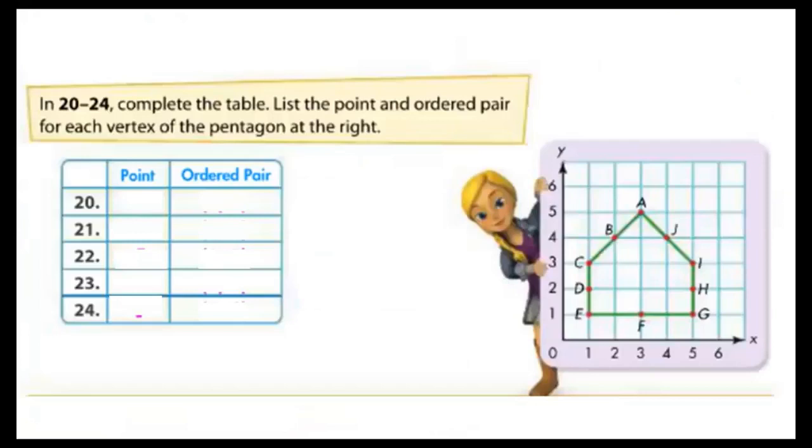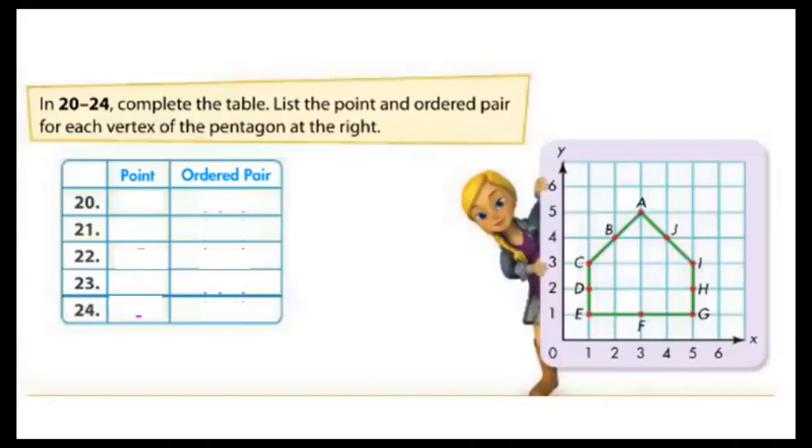In 20 to 24, complete the table, list the point and ordered pair for each vertex of the pentagon at the right. Look at the grid, look at the pentagon, determine each vertex and determine the point and their ordered pairs.